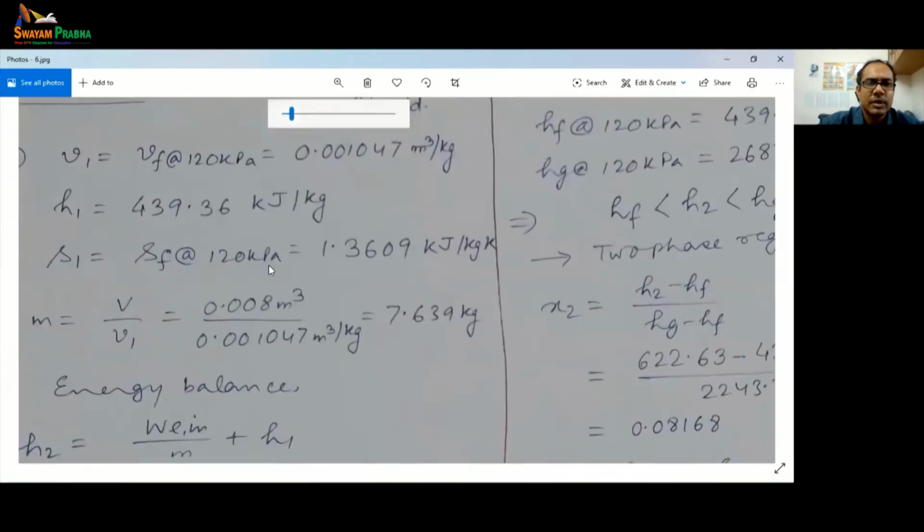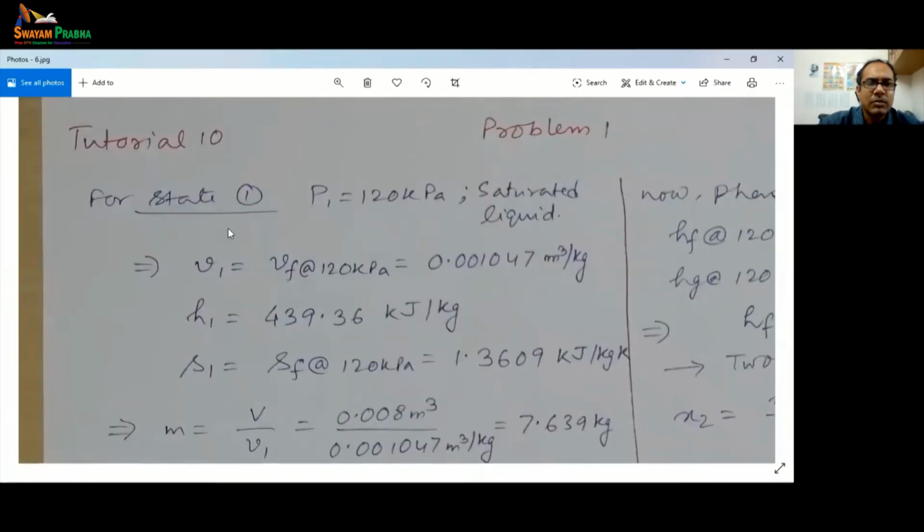Zoom this out a little bit. Okay, so now for state 1, what is given? The pressure is given, 120 kilopascal, and it's given as saturated liquid. At this condition, the specific volume you can look up, that is the saturated liquid specific volume at pressure 120 kilopascal.